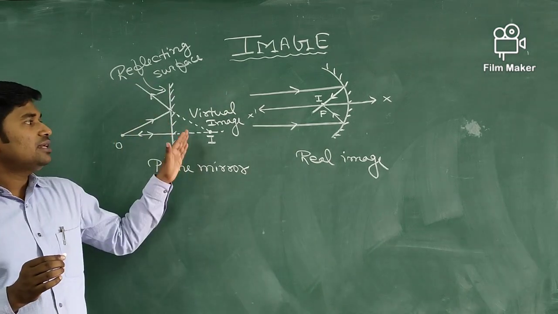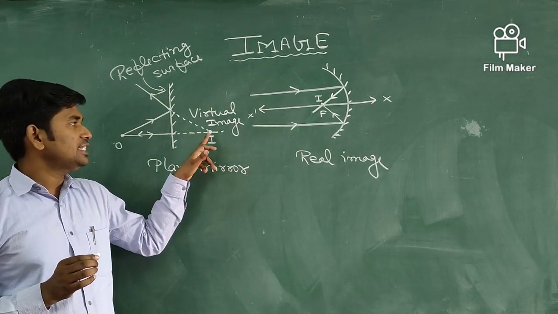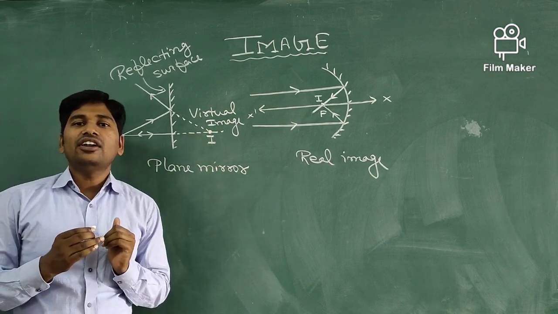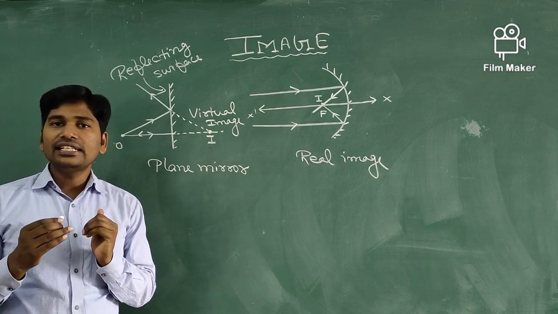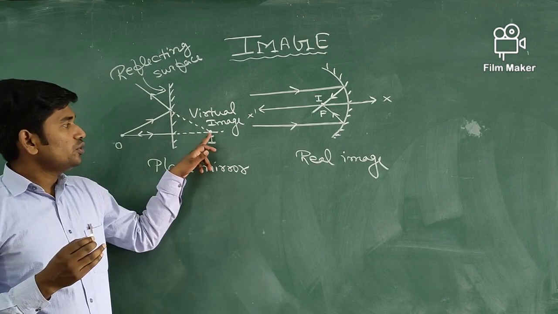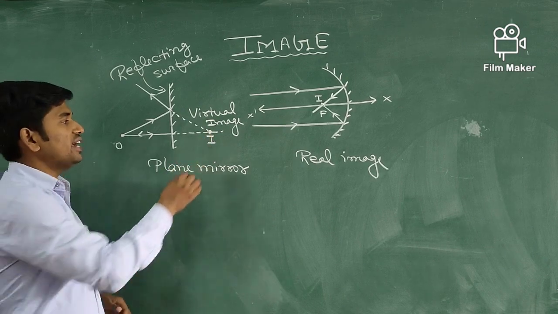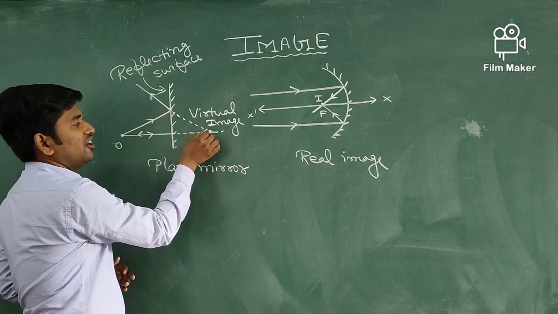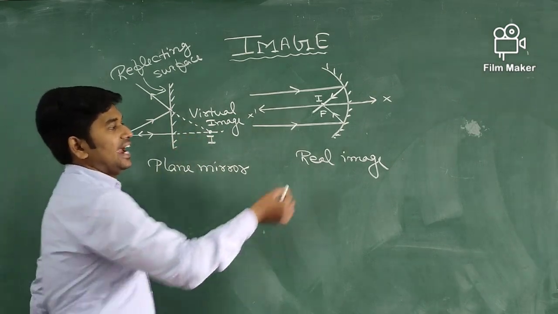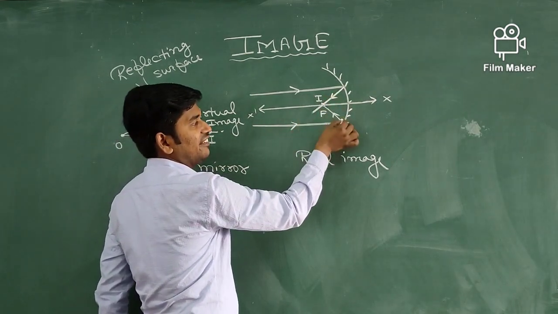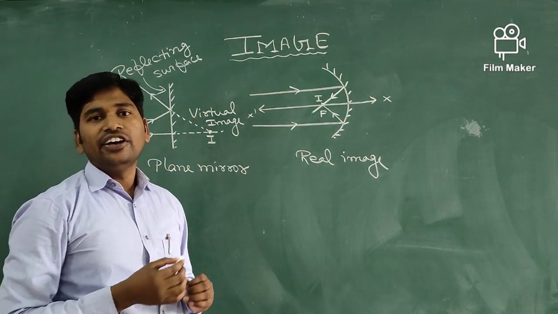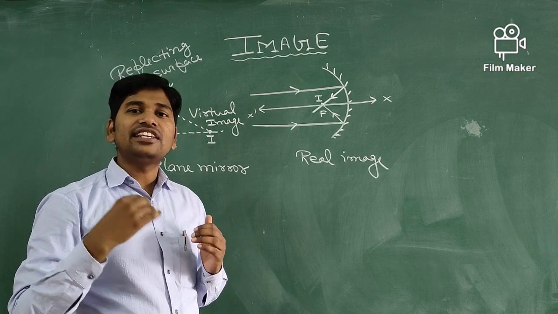We can define virtual image as an image formed at a point from where the reflected or refracted light appears to diverge. So virtual image is formed from where the rays appear to diverge, and real image is formed where the rays actually intersect. I am using reflection as well as refraction.